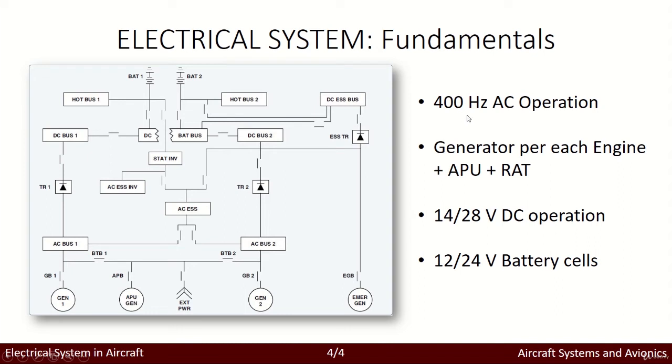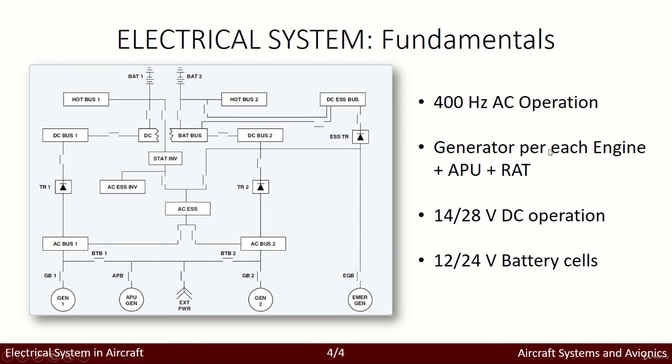Ground-based utility power, as you probably know, is generally 50 or 60 Hz. However, aircraft electrical systems that are AC will typically operate at 400 Hz, since the magnetic core, hence transformers for instance, can be made much smaller with the same power level.